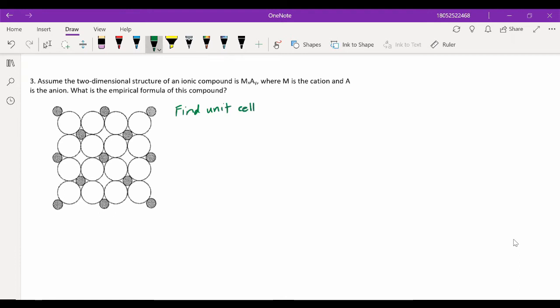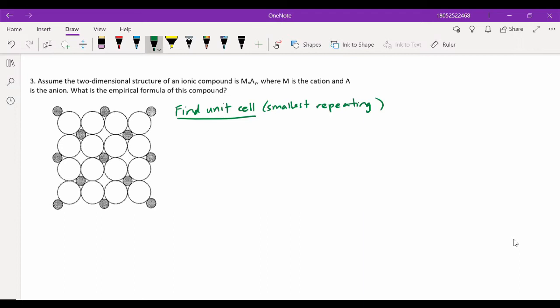Generally, there will be just a square unit cell, which is just a repeating unit, the smallest repeating unit. And oftentimes there's a couple ways to do this. I can show you 2 potential unit cells that would work. It doesn't matter which one you pick, as long as you pick one that's a true unit cell. So if you want, you can pause and try to do that.